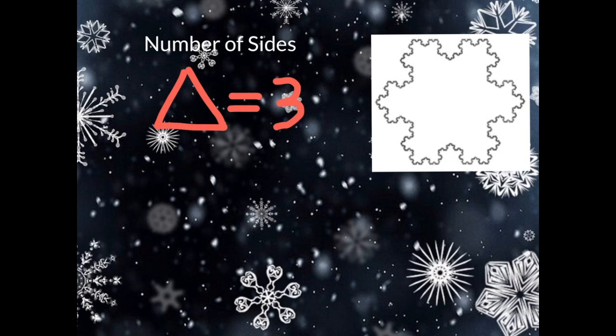To figure this out, let's look at one side of the triangle. To make the next iteration, you cut this side down into 4 parts. Since this is repeated on all 3 sides of the triangle, the formula for the number of sides is 3 times 4 to the k, k being the number of iterations, as this fractal continues infinitely and the number of sides grow exponentially.